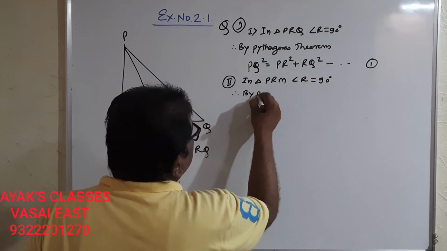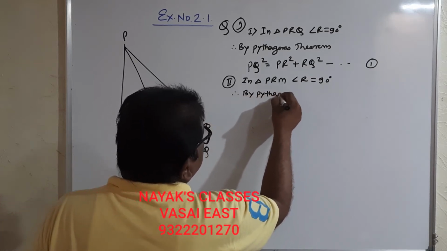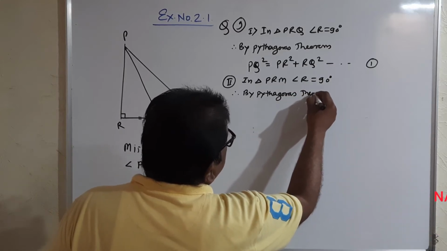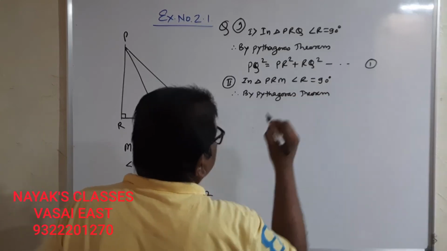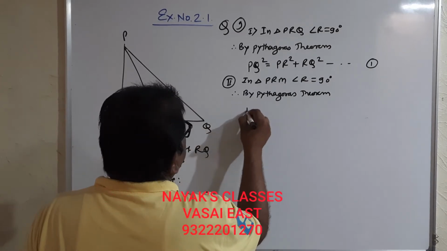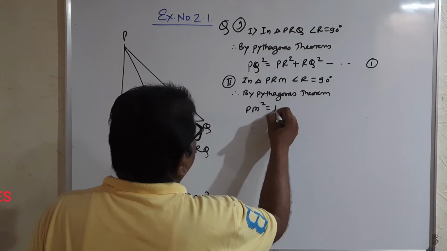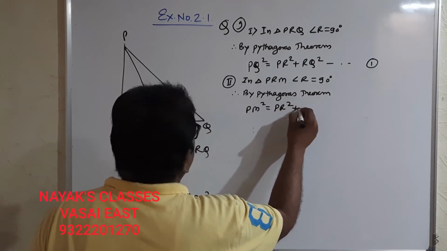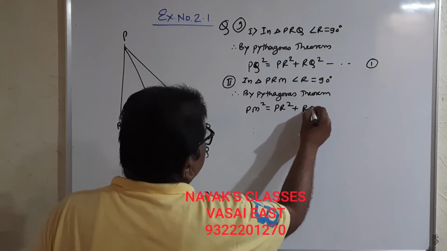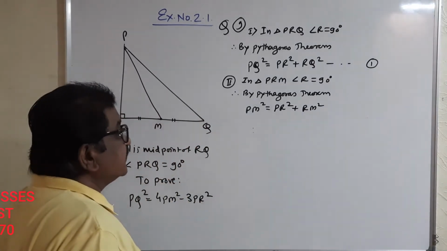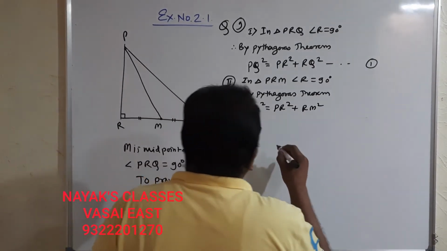Therefore, by Pythagoras theorem, PM square is equal to PR square plus RM square. Correct? This is 2.